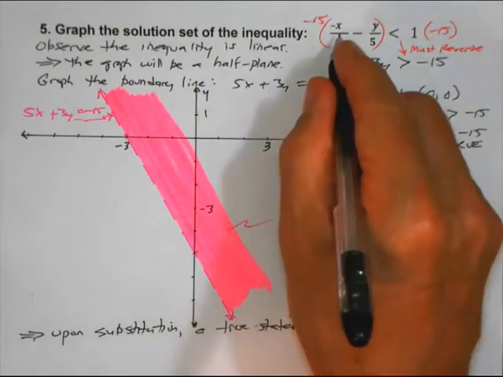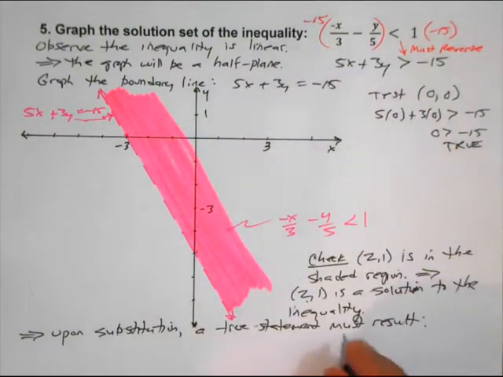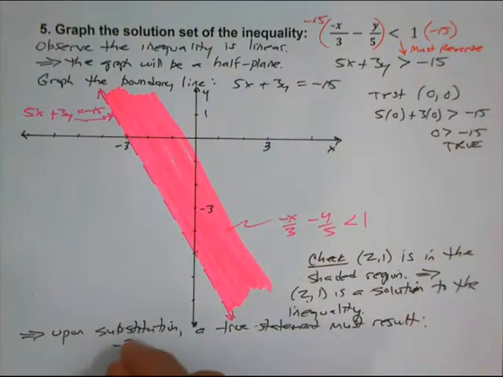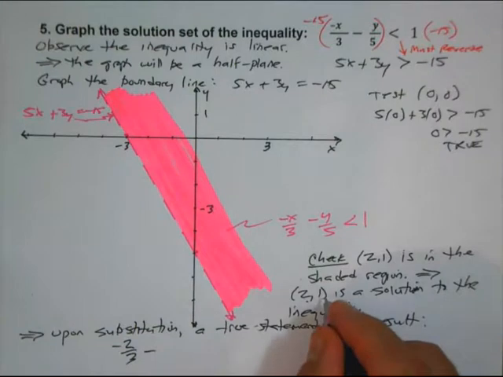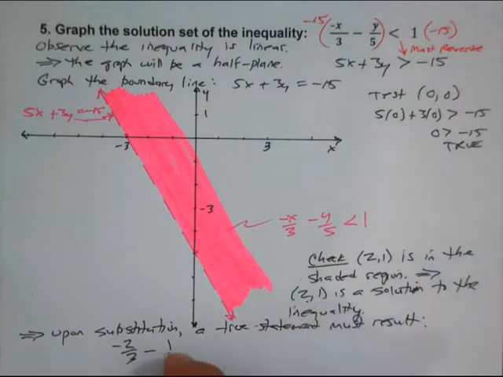So, we have negative x over 3. That makes this a negative 2 over 3. Subtract y is 1/5. And is it less than 1? Well, let's see here.